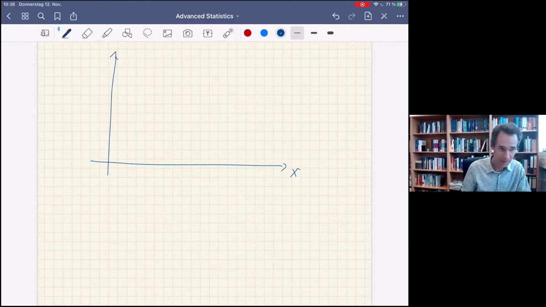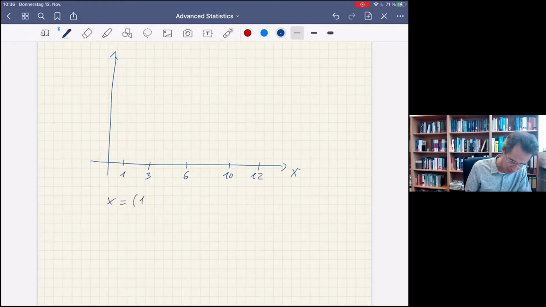Let's assume that your grid points where you can evaluate the function are here. Then you have a vector, say 1, 3, 4, 5, 6, 7, 8, 9, 10, 11, 12 or something. Then x would be a vector 1, 3, 6, 10, 12. And you would evaluate the function only at these points, or somehow find the functional values at these points.